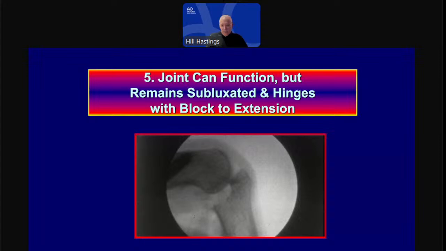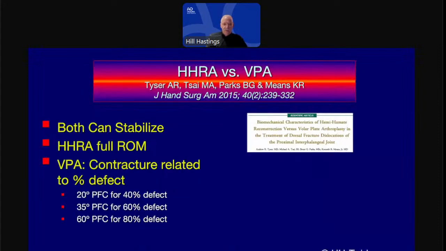The volar plate is 1.5 to 2 millimeters thick. So if you have very slight depression, the volar plate can make up for the slight amount of depression. So occasionally that can be a solution if there's just very subtle or slight depression of the volar part of the joint. This is a biomechanical study by Tyser and colleagues looking at an osteochondral graft versus the volar plate.